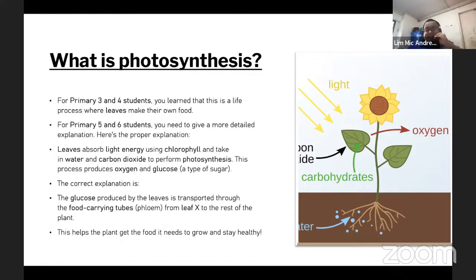What is photosynthesis for 11 and 12 years old? The answer is the leaf absorbs light energy using chlorophyll and takes in water and carbon dioxide to perform photosynthesis. This process produces oxygen and glucose. That's it. This is the more detailed explanation of how to answer these questions.